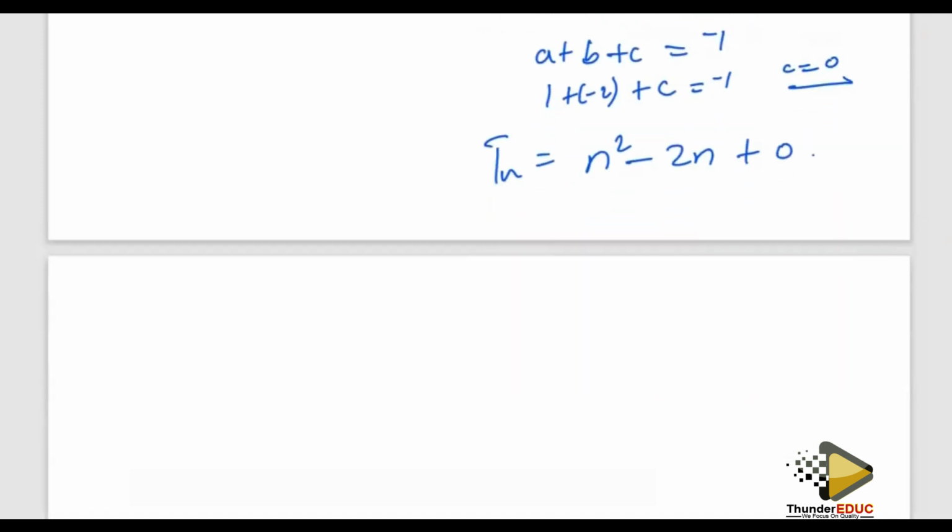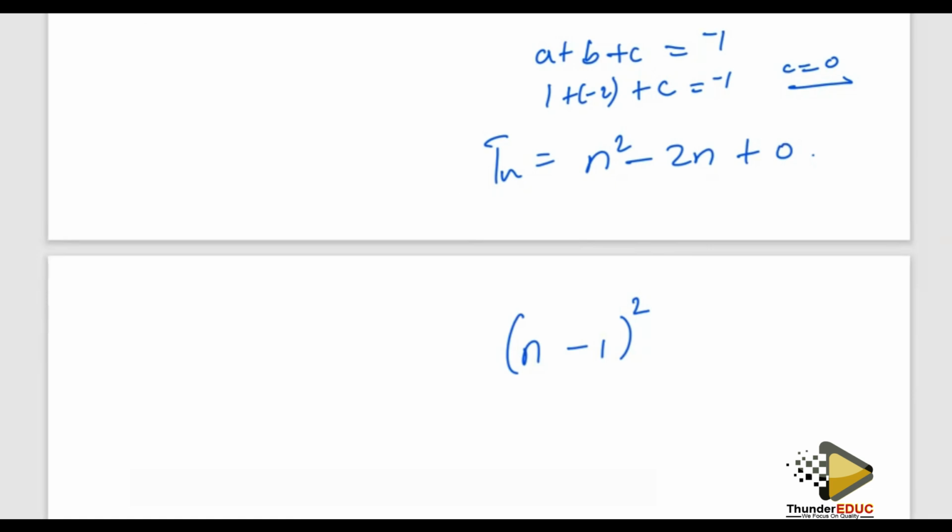And then how do I complete squares? Remember, with squares, I will just need to get the n and get a half of this b. A half of b or a half of negative 2 is going to be negative 1. And then I'll square that. Then that, I'll have to add it.